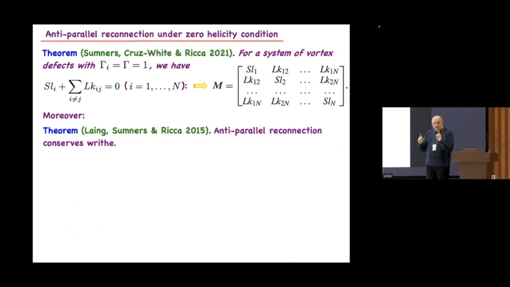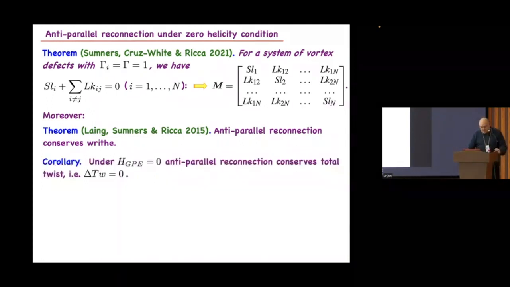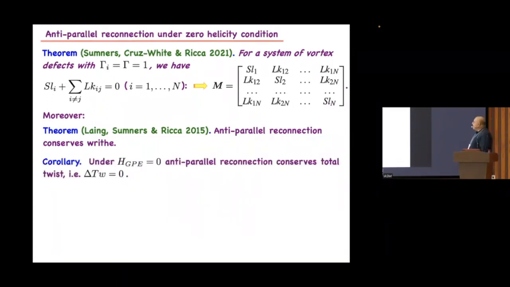Don't take me wrong, writhe, of course, is not conserved over the whole evolution, but during the reconnection, just before and after, writhe is conserved. But then we have the self-linking is 0 for a single defect in isolation. If it is 0, then also twist is conserved. Under helicity equals 0, antiparallel reconnections conserve total twist.